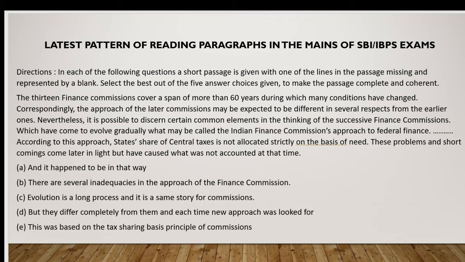Now the other options have to be taken care of. So what is the other option trying to say? Option C says evolution is a long process and it is the same story for commissions. Now nowhere in the paragraph has evolution been talked about in the later sentence. Evolution was there only in the first sentence, that the evolution has taken 13 finance commissions, it has covered around 60 years, after which there are certain similar conditions and opposite conditions.